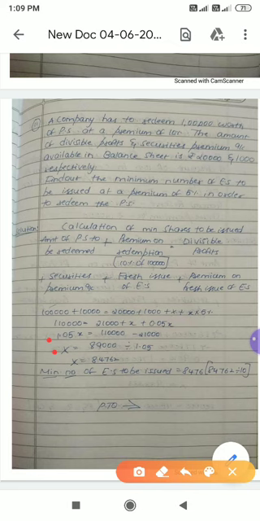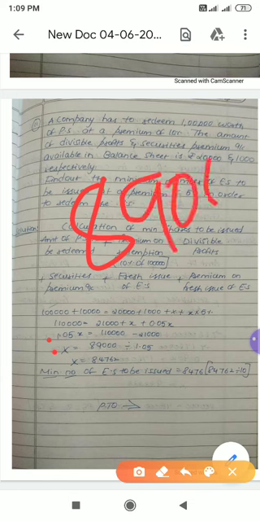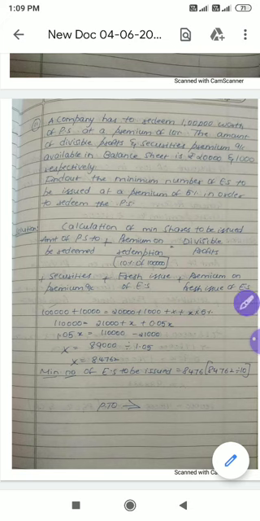So x will be 89,000 divided by 1.05, which is 84,762. The amount of fresh issue to be made is 84,762 rupees.